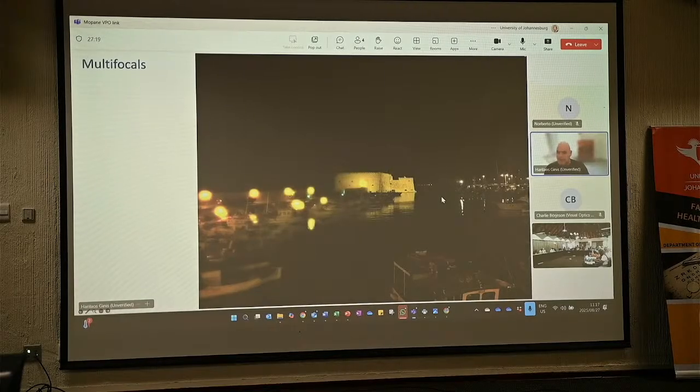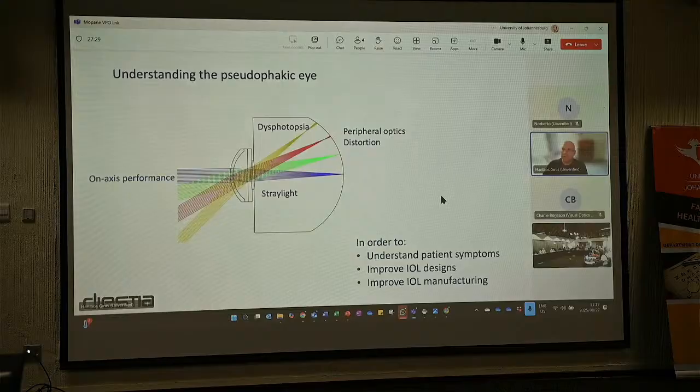So this is the purpose of this talk: to understand the eye, understand optics and distortion, understand dysphotopsia and daylight, and also quantify all that using a new method in order to understand symptoms, and provide high-level design improvements, and also in some cases improve manufacturing, such as improving the molding method, improving the machining method and the precision at which the design shape is reproduced, and so on.